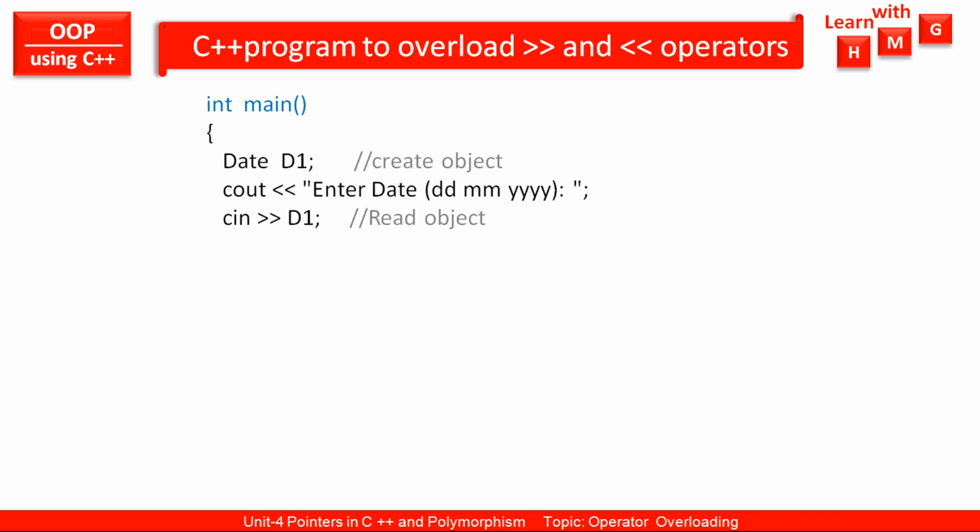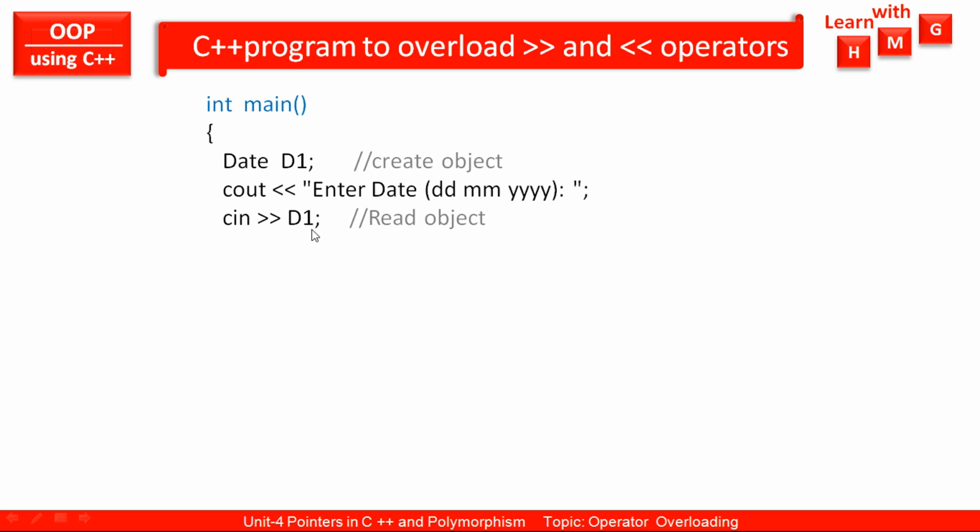So here the d1 object is used. Generally, what is the syntax of cin extraction? We write here either a variable name or an array element, for example cin >> x, cin >> no, cin >> name, cin >> account number, like this.